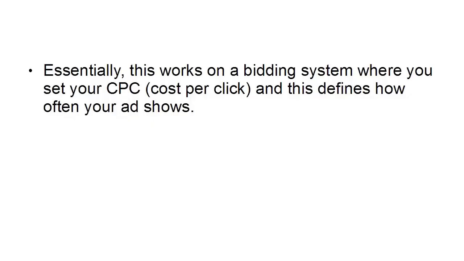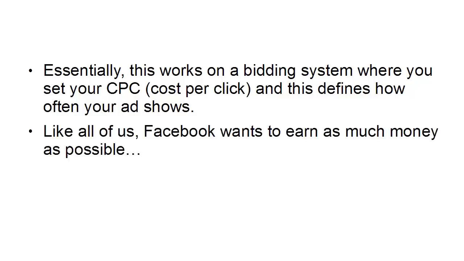Okay, I know what you're thinking. If there's no set budget, how can you calculate how much you're going to pay? Well, Facebook make this quite easy for you. Essentially, this works on a bidding system where you set your CPC, your cost per click, and this defines how often your ad shows.